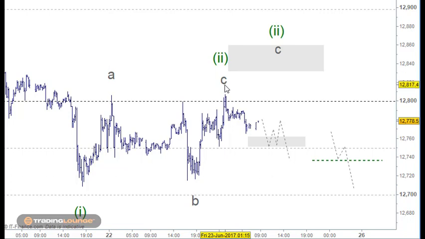That's what I was thinking: if this doesn't breach this 61.8% mark, then we would have to look at this as wave 1, wave 2 back to here, wave 3 here, wave 4 and wave 5, fitting into that space. That's why going long on this support here would be the logical thing to do.